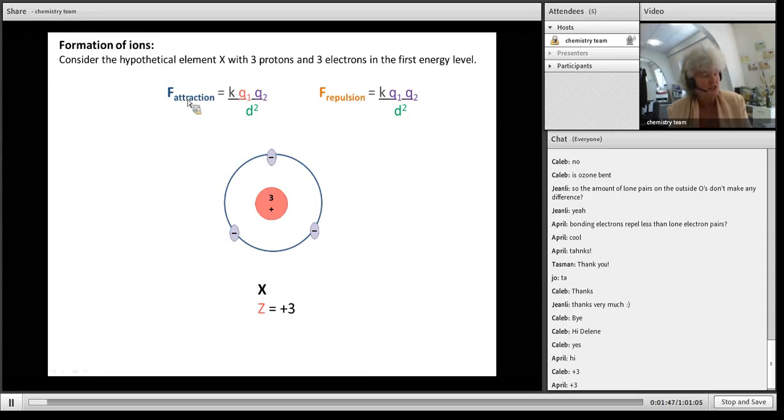The attraction is between this nucleus, the nuclear charge, or effective nuclear charge if you've got shielding, and each individual electron. So that Q1 will be plus 3 over here, and the Q2 will be the minus 1 over there. Okay, and then of course the distance is how far those electrons are from the nucleus.